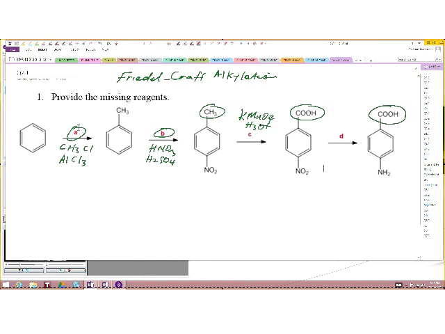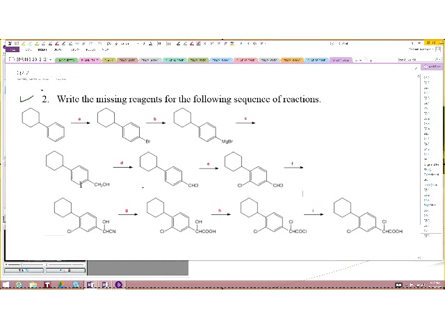Last in this sequence, we want to go from the nitrobenzoic acid and reduce the nitro group to the amino group. So what do we need? Iron, with what? Iron with acid, HCl.